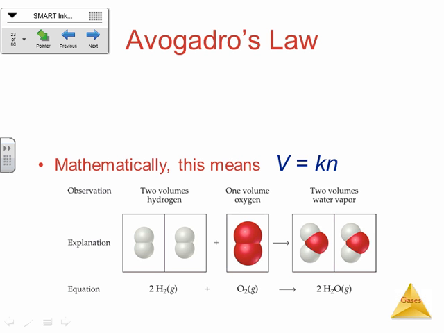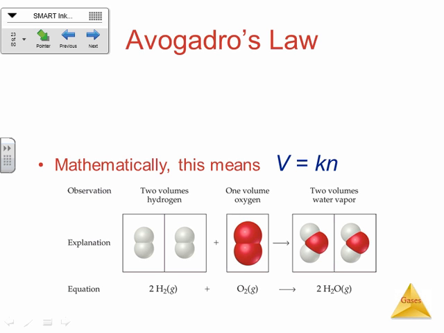Anyway, mathematically it's basically the same thing as we talked about before. Now, here's something interesting. If the volume is equal to a constant times the number of moles, then remember how in our chemical equations the coefficients tell us a mole ratio? You might remember this from last year if you were in my class. These coefficients also tell you a volume ratio.